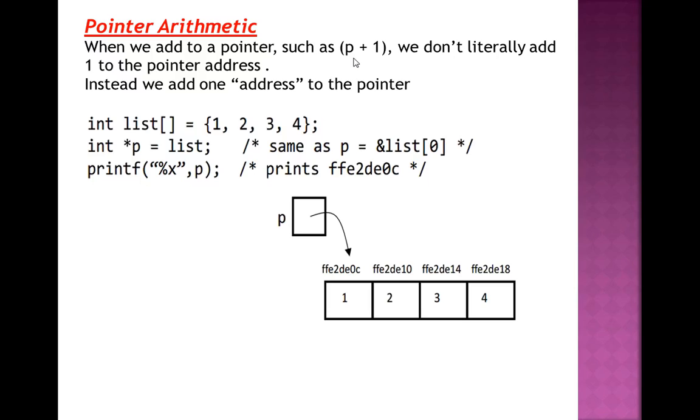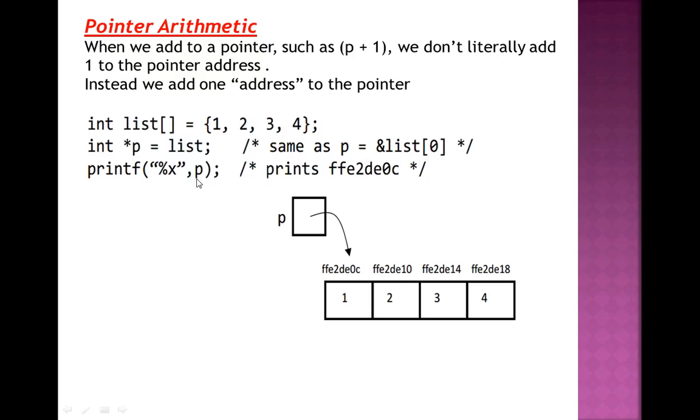This is the syntax: int list 1 2 3 4, int pointer p equals list. This is a declaration of the array. List is the array of data type int that has the values 1 2 3 4. p is a pointer variable that stores the address of the list, which is the same as p equals ampersand list 0.